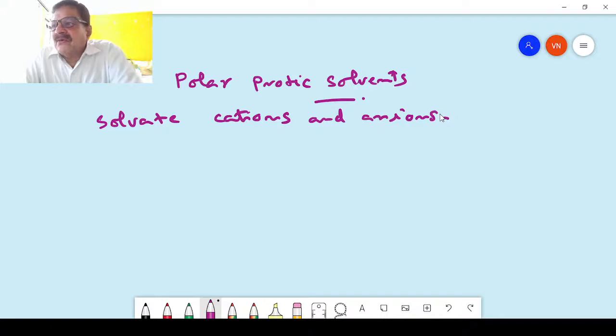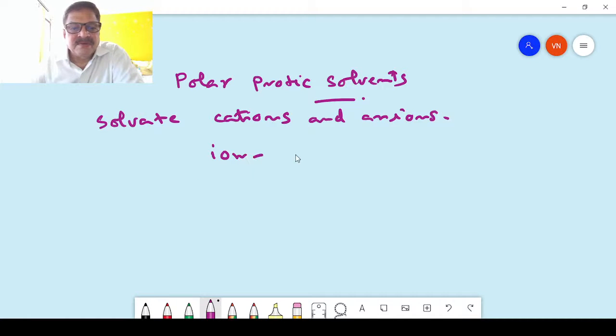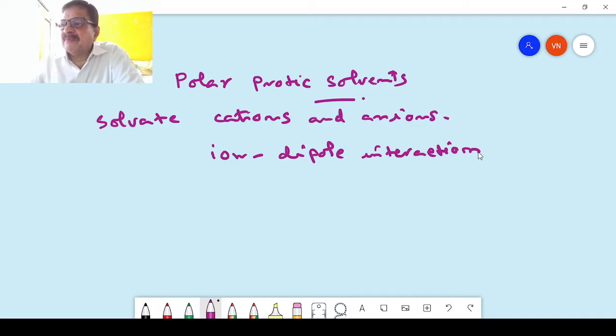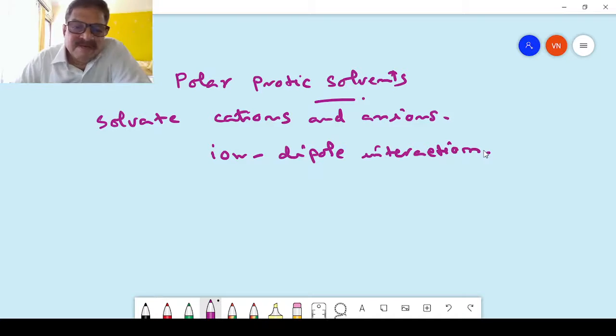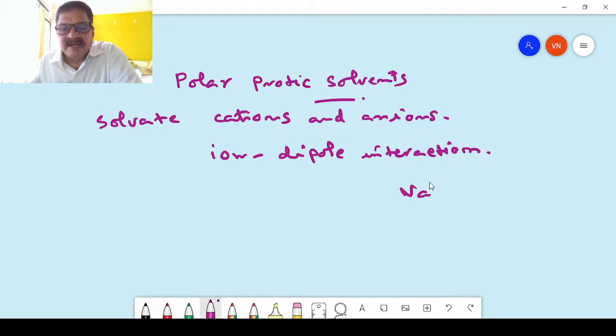Cations are solvated by ion dipole interaction. What is meant by ion dipole interaction here? Suppose we have a salt, say sodium bromide, NaBr. This NaBr has a cation, Na+, and a Br- anion.